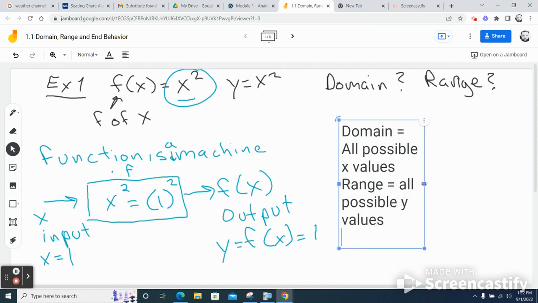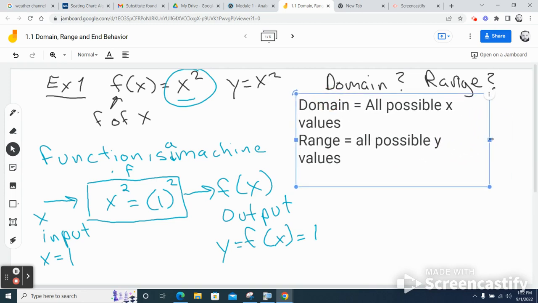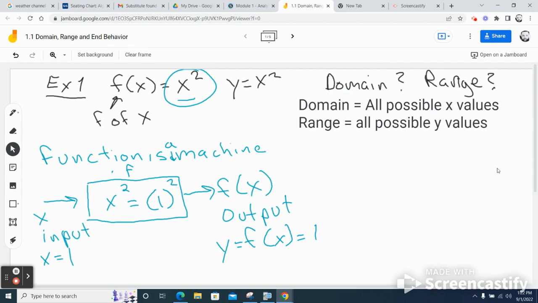Okay. So when the question says what is the domain, what it's really saying is what can we plug in for x? And then when it says what is the range, it's saying what are all the possible y's? In other words, domain, what do I plug in? And then range, what do I get out? In fact, let's write that down.